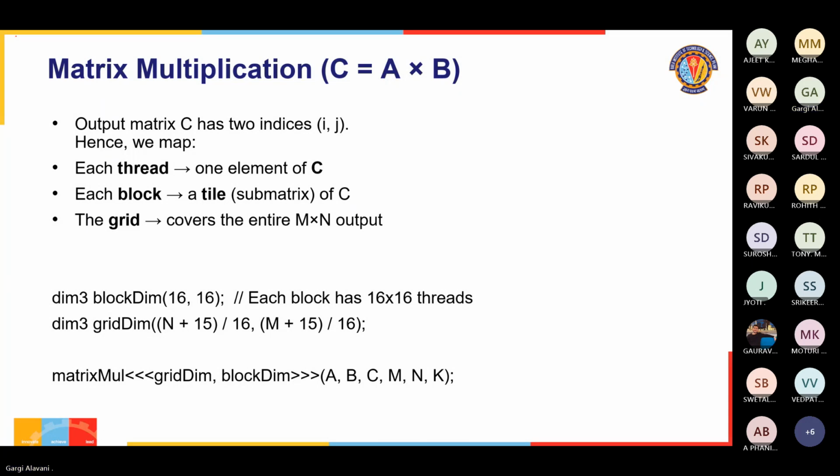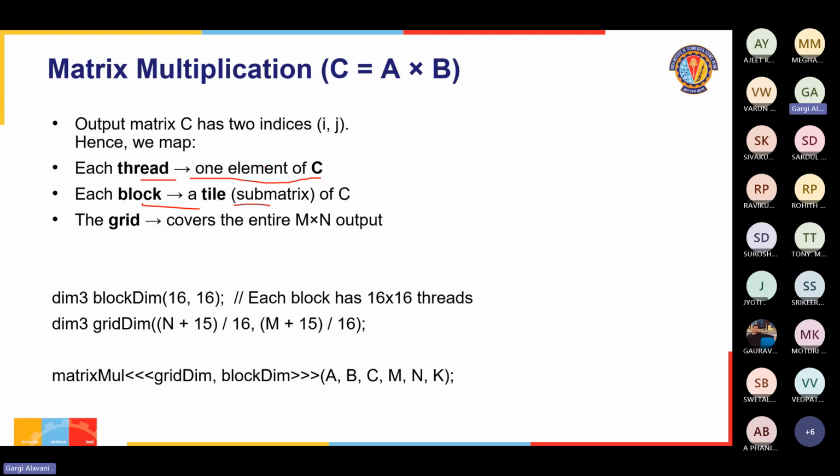Here we have the output matrix, which is C. It has two indices, i comma j. Each thread is linked to one element of C. Each block is linked to a tile, right?